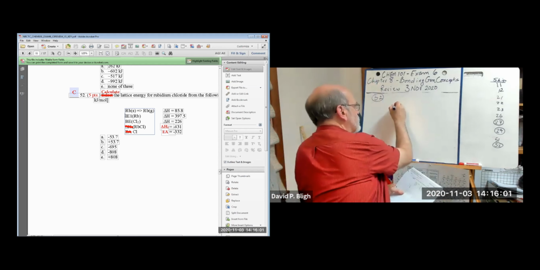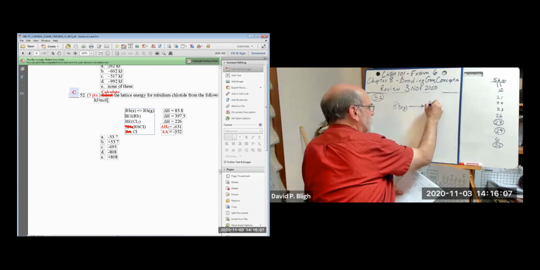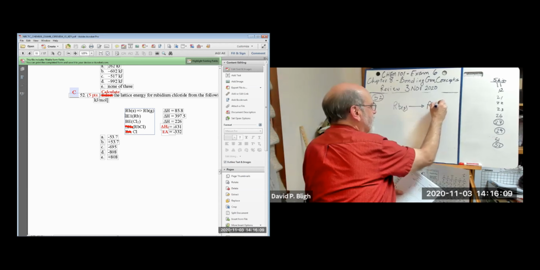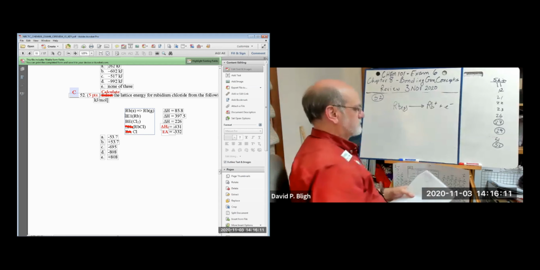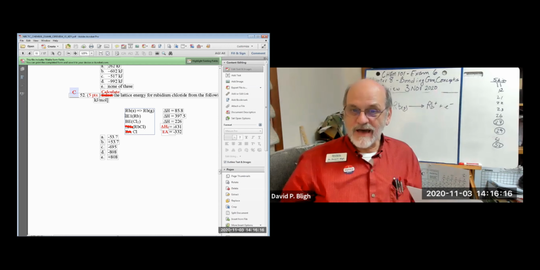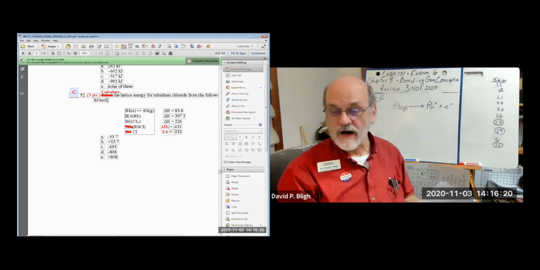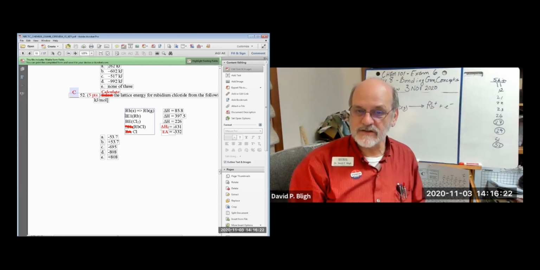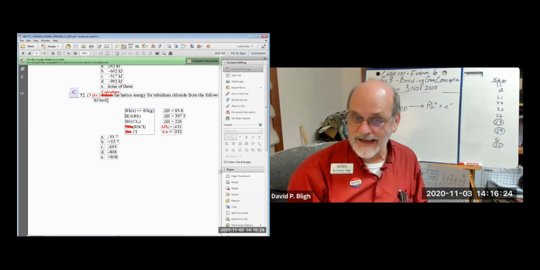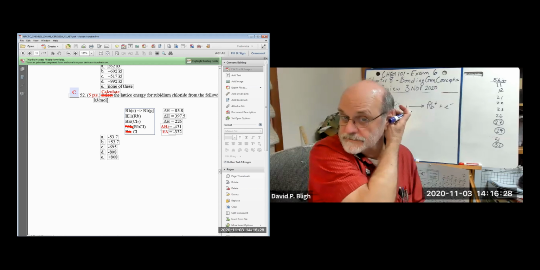Ionization energy is rubidium gas yields rubidium ion plus an electron. Right? So that's what that means, and that's the amount of energy that has to be put into it. So that's why it's a positive value. Ionization energy, the first ionization energy, IE1, is 397.5 kilojoules.